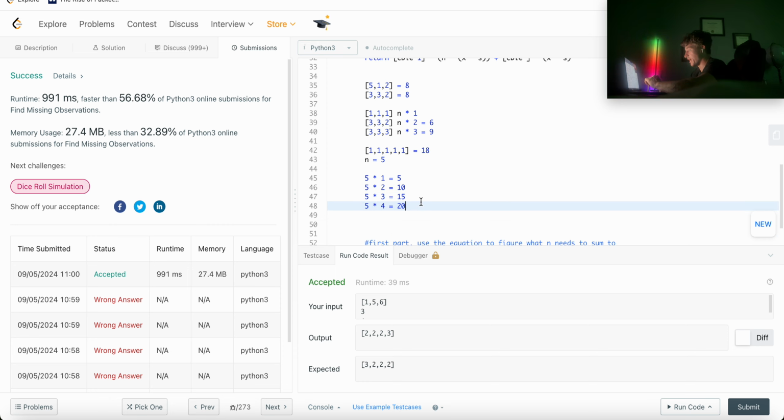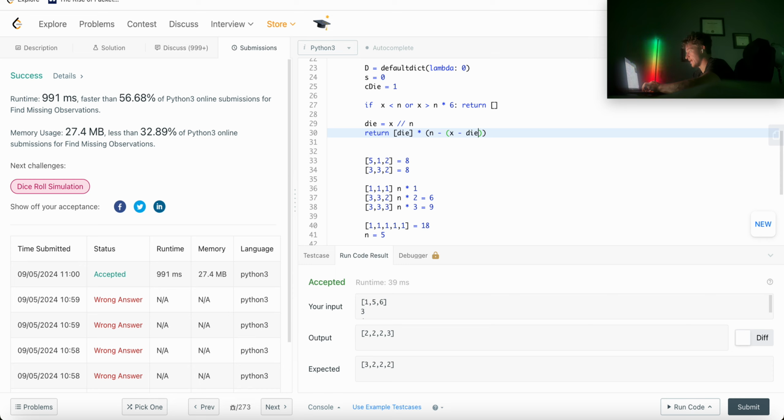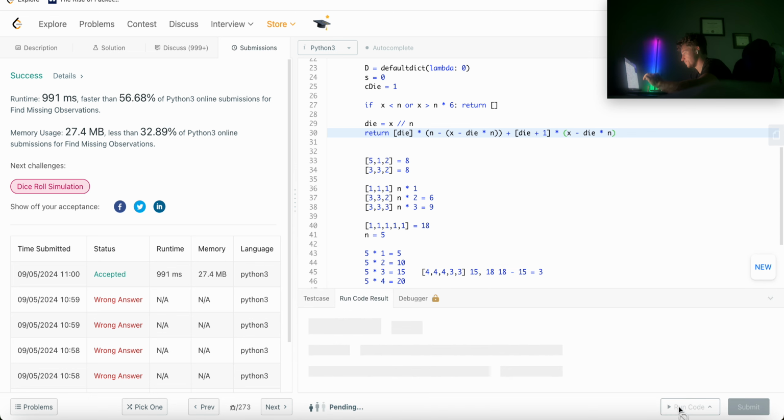So that would be x minus die times n. Plus, the remainder of them have to be incremented for the remaining elements that need to be incremented one time.